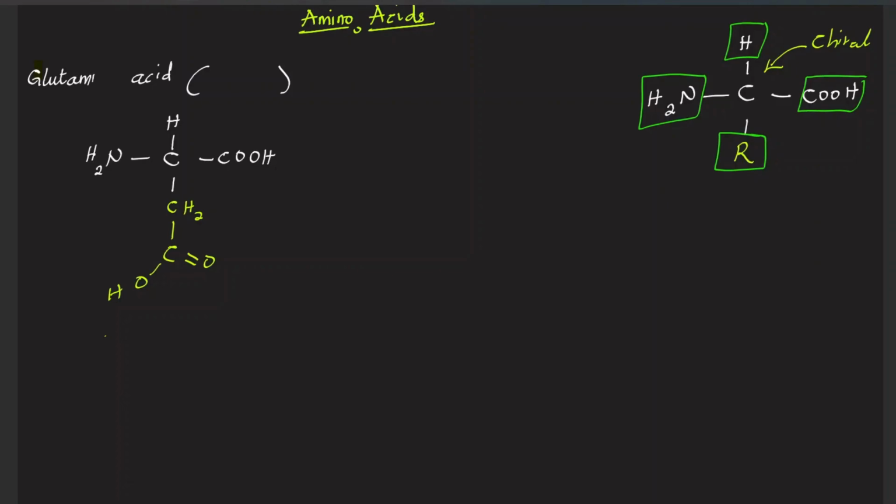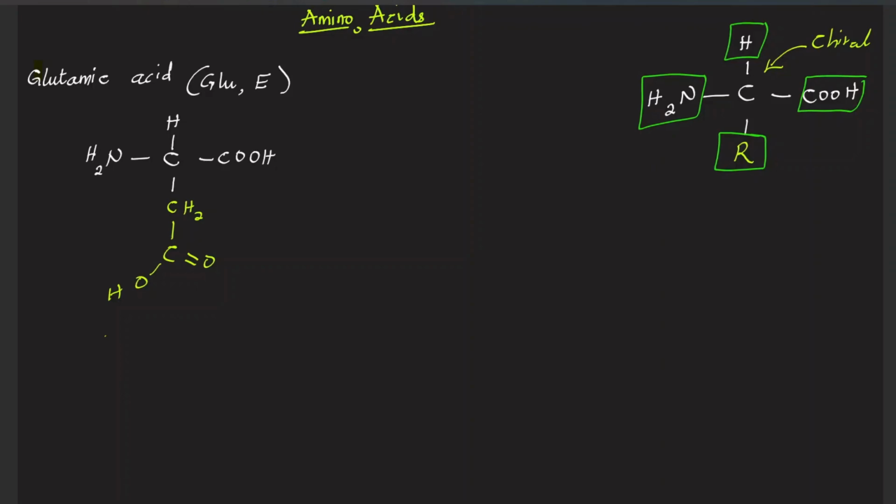Glutamic acid. The 3-letter abbreviation is GLU, and the 1-letter abbreviation for glutamic acid is an E. Now, like I said, glutamic acid has an R group similar to aspartic acid.